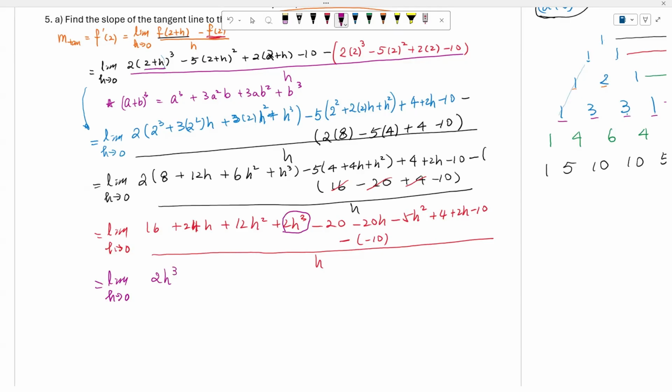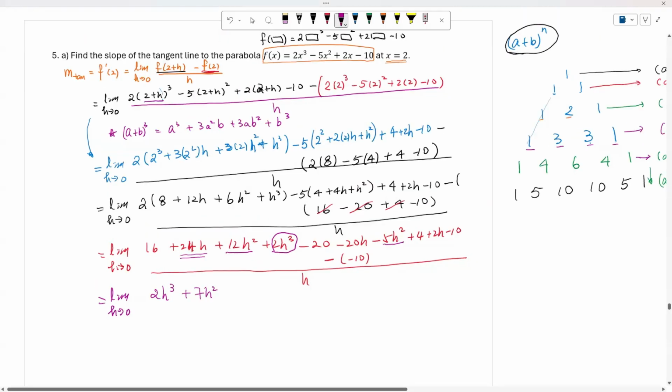And then now 12 minus 5 is 7, h squared. 24h minus 20h plus 2h. So in this case right here, I will have 6h.